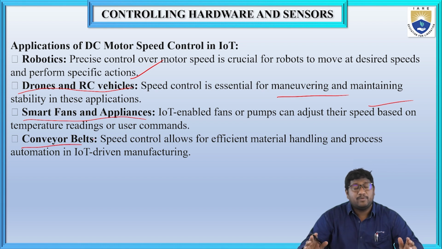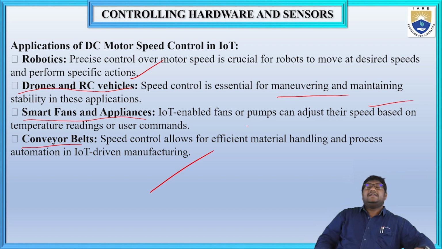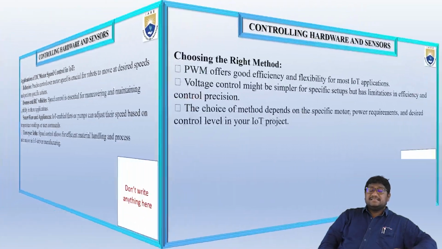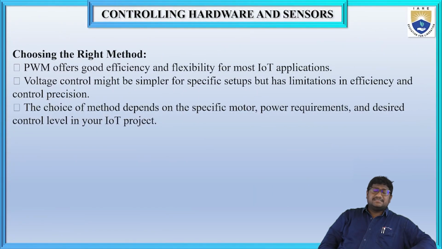This is an important factor, allowing us to handle materials and process automation in our IoT driven manufacturing. These are the different kinds of applications. How are we going to choose the right method among all these hardware components?